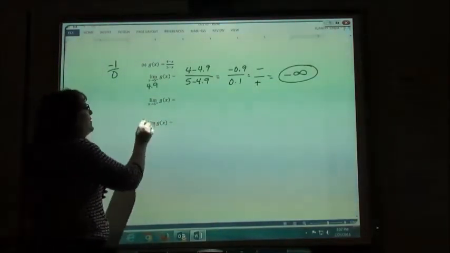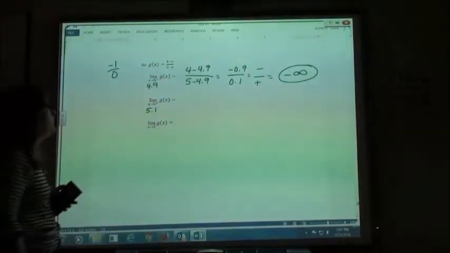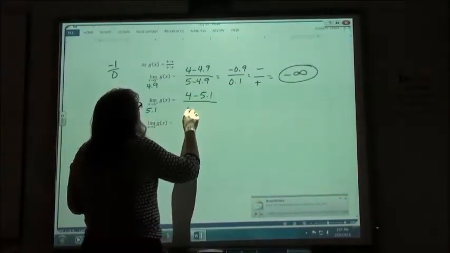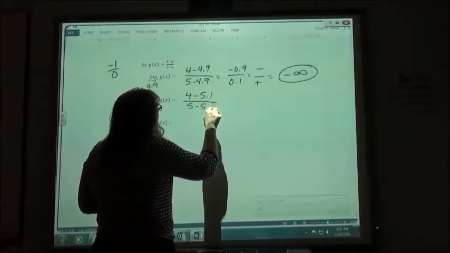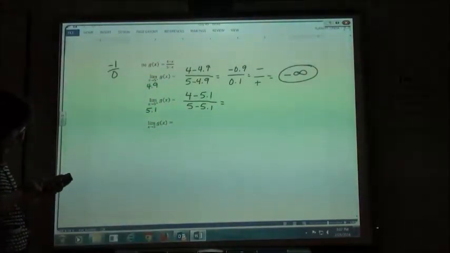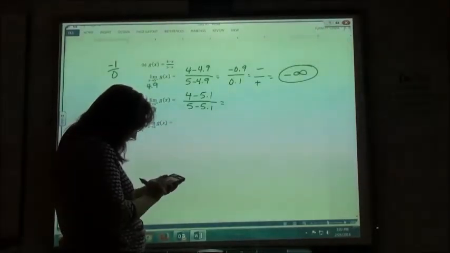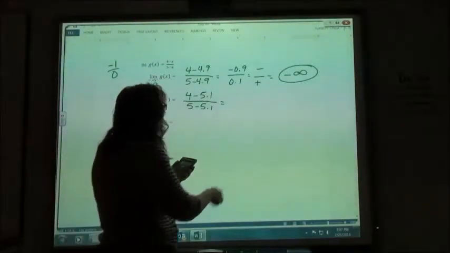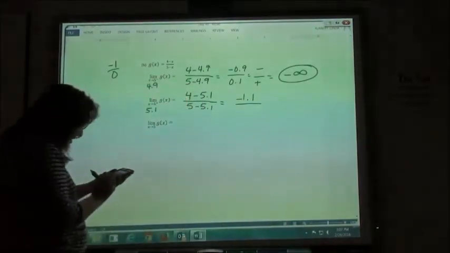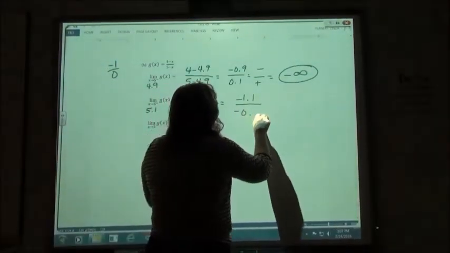So from the positive direction, just a little bit bigger, I'm going to plug in 5.1. So 4 minus 5.1 over 5 minus 5.1. 4 minus 5.1 would give me negative 1.1. 5 minus 5.1 would give me negative 0.1.